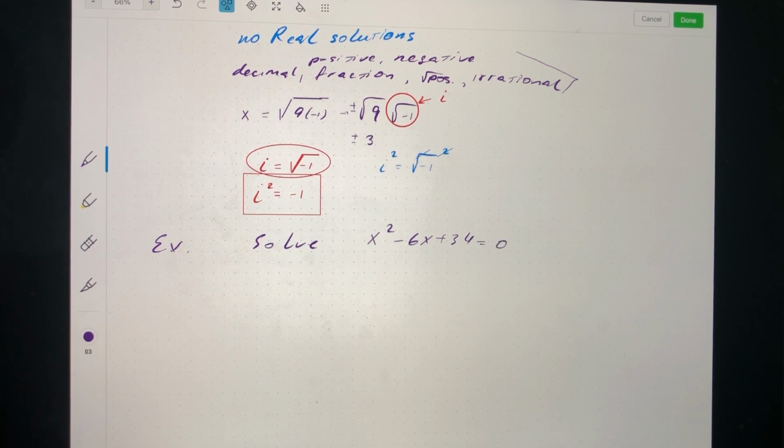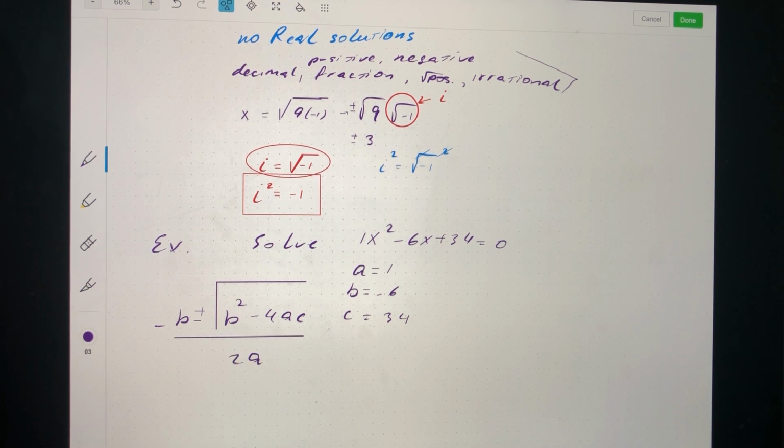Now this is a quadratic equation, and the coefficients are a is 1, b is negative 6, c is 34. Our quadratic formula is x equals negative b plus minus the square root of b squared minus 4ac, divided by 2 times a.